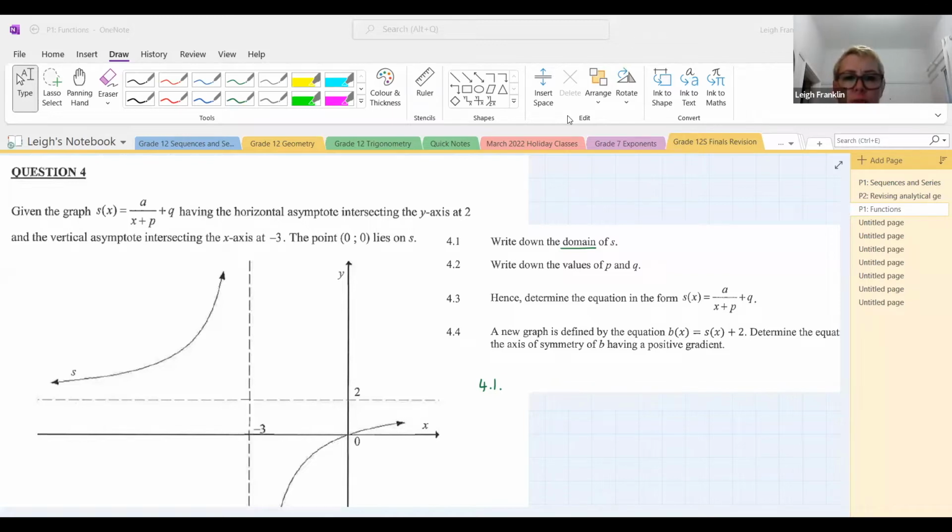There we go. All right, Boitshepo, so they want us to write down the values of x. Okay, so the values of x, so our domain.